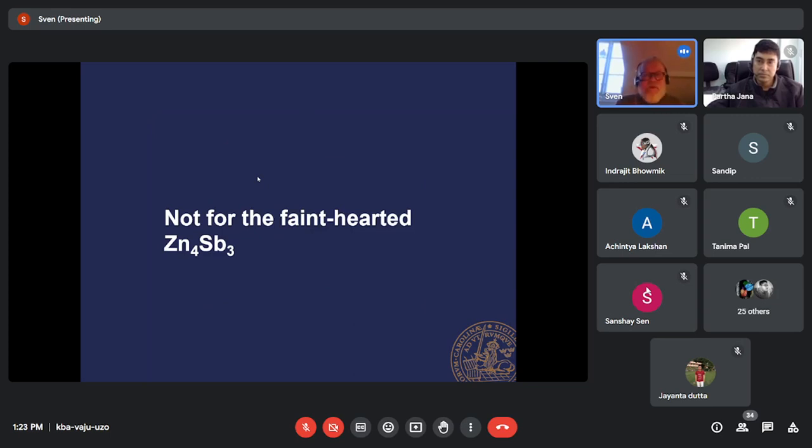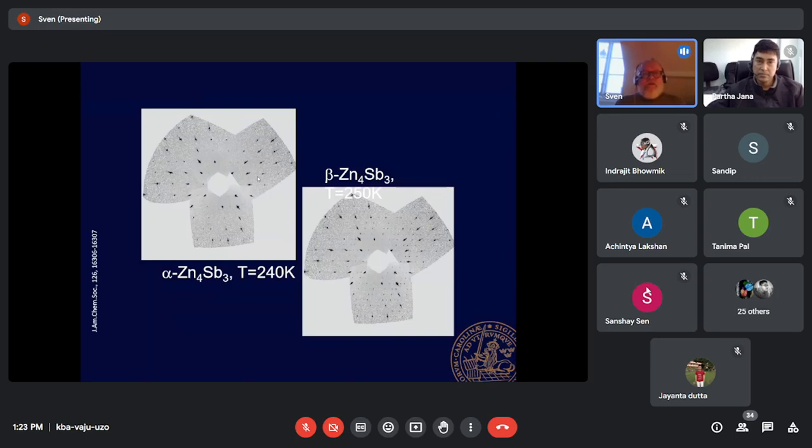So why is that? Well, you can look at the diffraction pattern on the left here, which is the alpha phase, the room temperature phase of zinc 4 antimony 3.